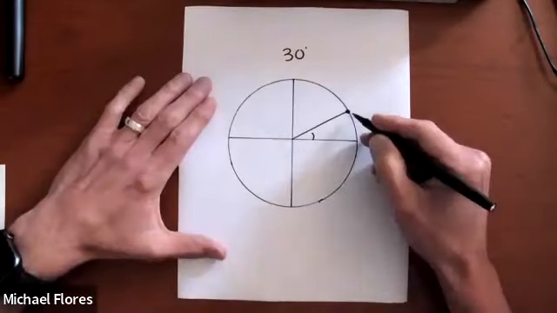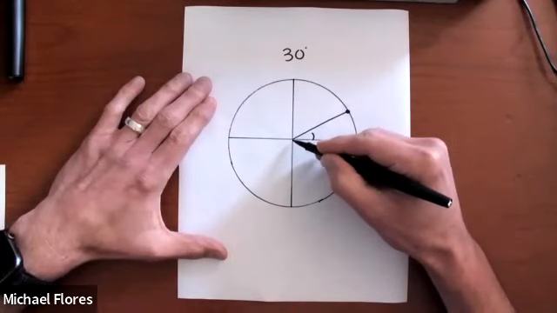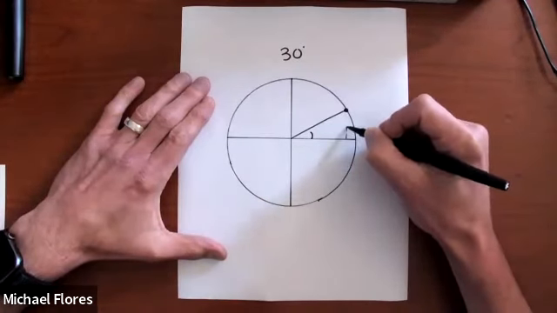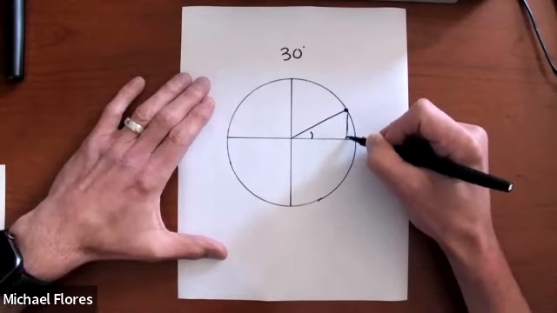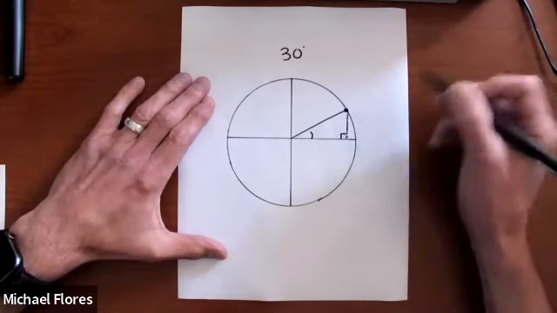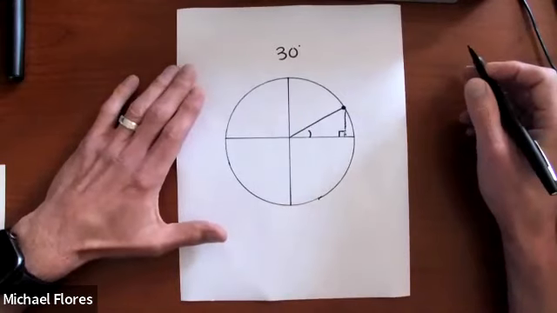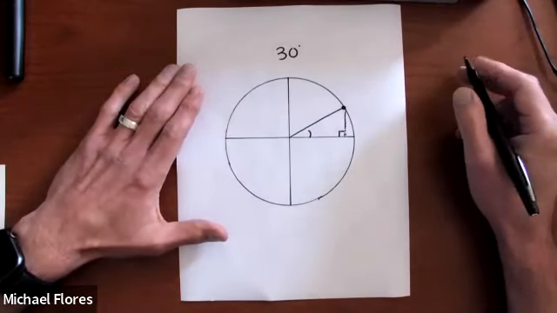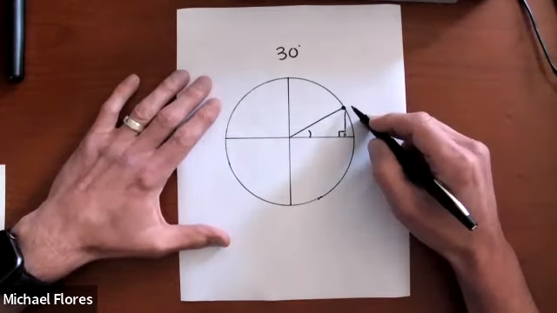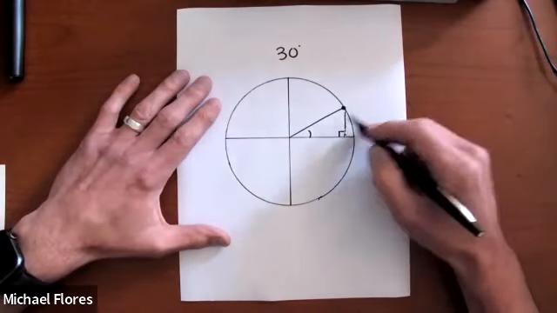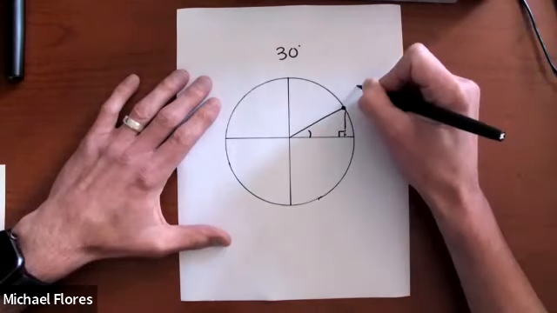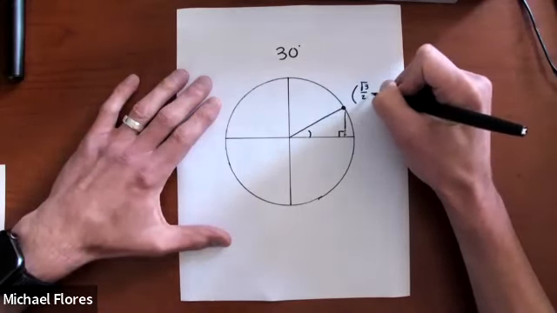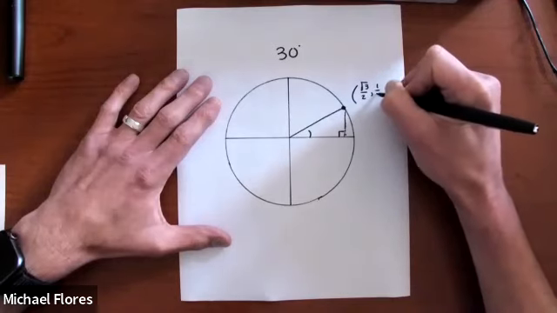In order to get to this coordinate here, we'd have to, from our origin, go to the right a little bit and then up a little bit, creating a right triangle. More specifically, a 30, 60, 90 triangle, but whatever. All right, so the coordinates of a 30-degree reference angle on the unit circle is √3/2, comma, 1/2.